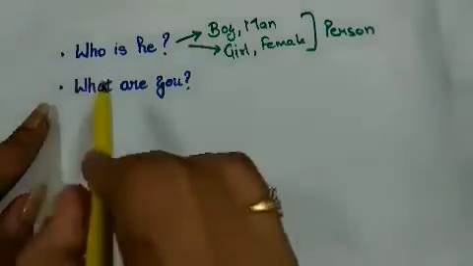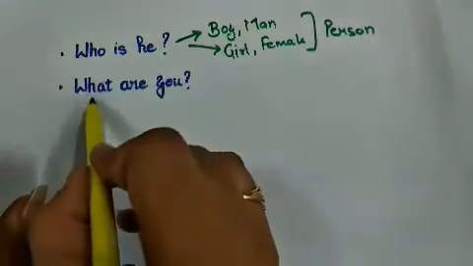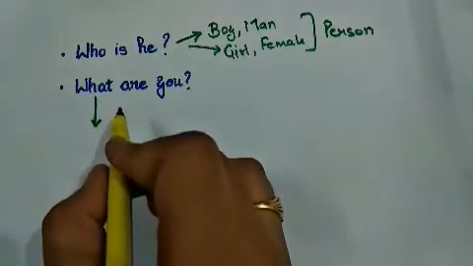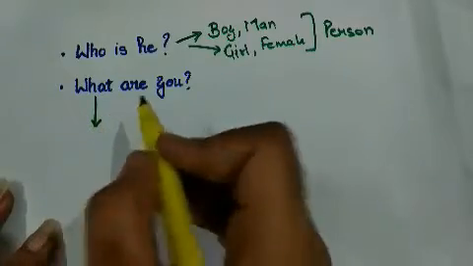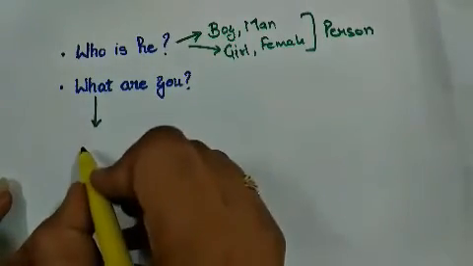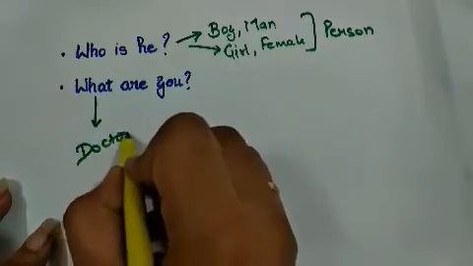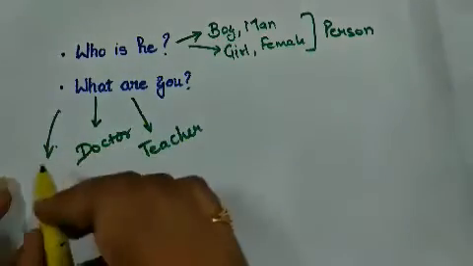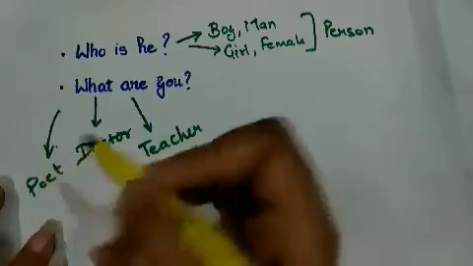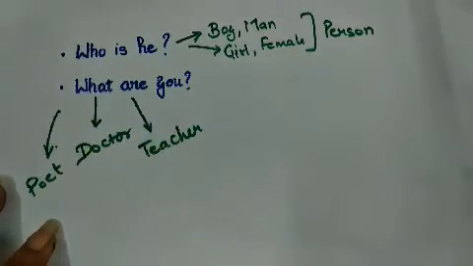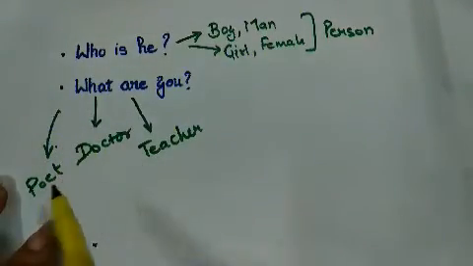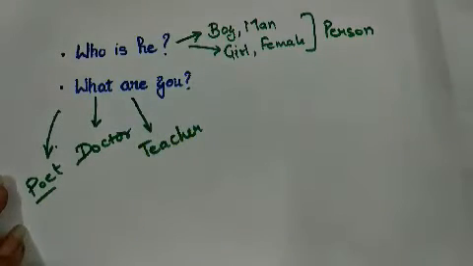But when I ask what are you, there is no relation with the person. It is their post or the designation they are holding. They can be a doctor, a teacher, a poet. Who is used for a person and what is used to show the occupation or the post.